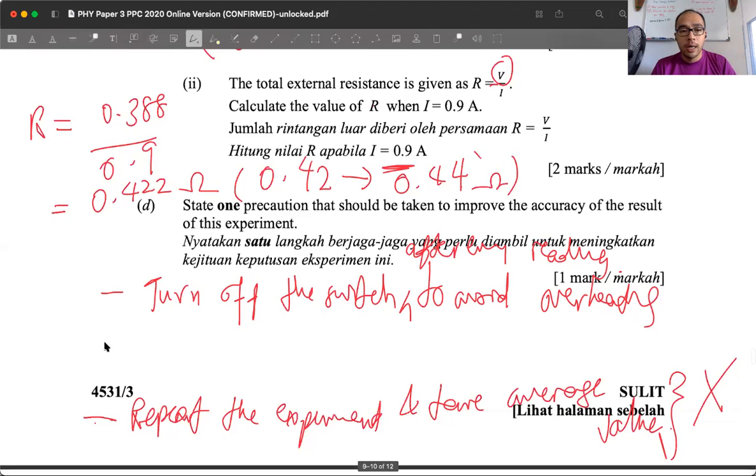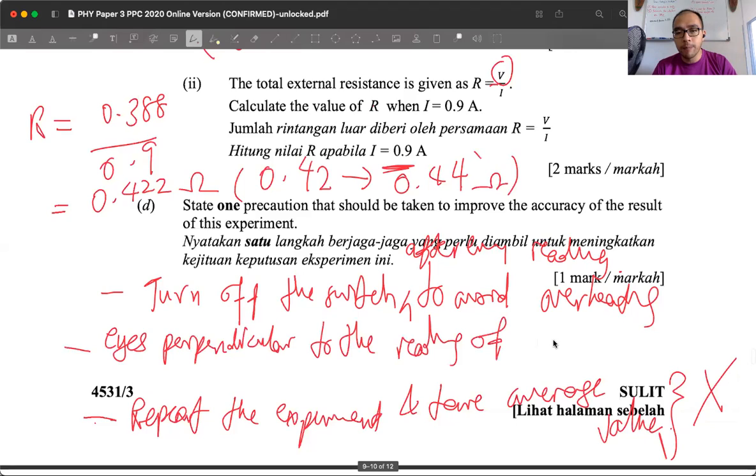Another one that I see which is very good is make sure the eyes are perpendicular to the reading of the ammeter or voltmeter. But I will still mark this wrong because you did not tell me why.